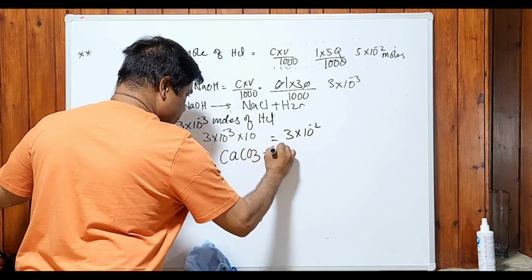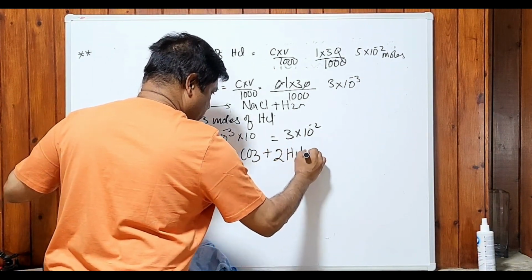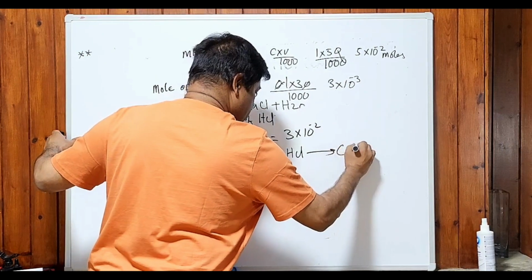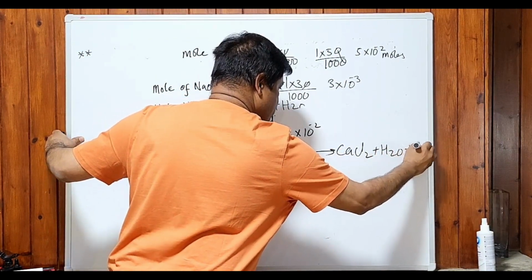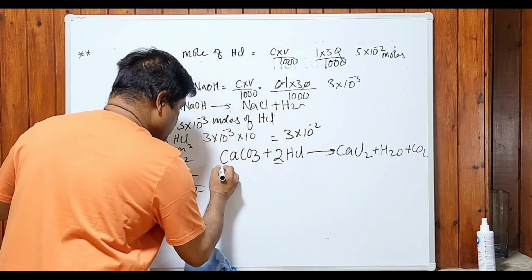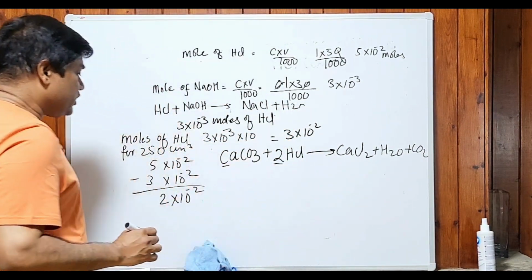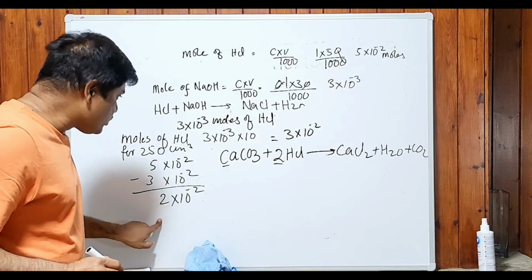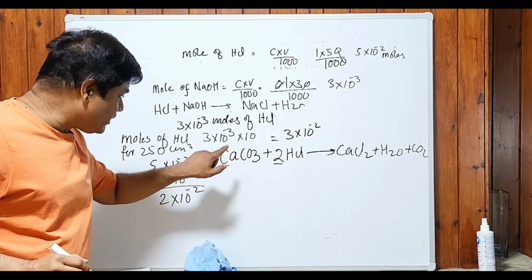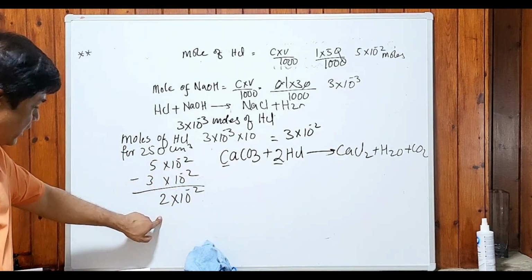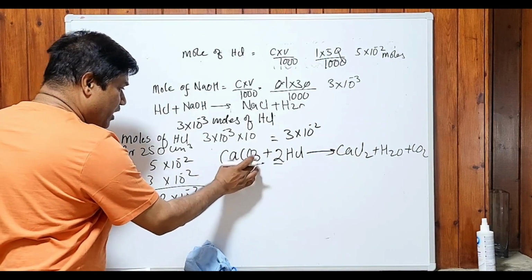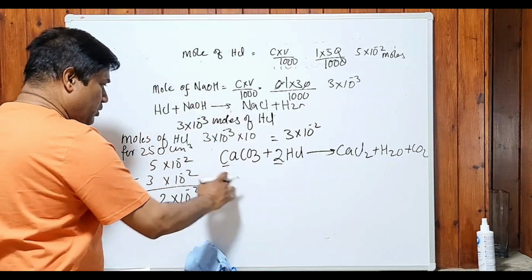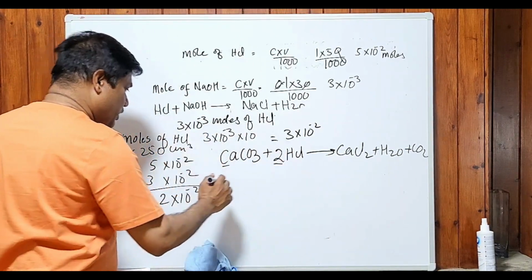CaCO3 plus 2HCl will give CaCl2 plus water plus carbon dioxide gas. What's the molar ratio? 2:1. So we got the number of moles of HCl reacted with calcium carbonate, which is 2 into 10 to the power of minus 2. To work out the number of moles of calcium carbonate, we have to divide by 2 because it's a 1:2 molar ratio.